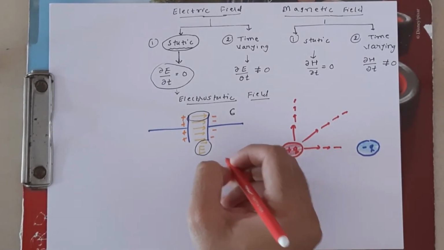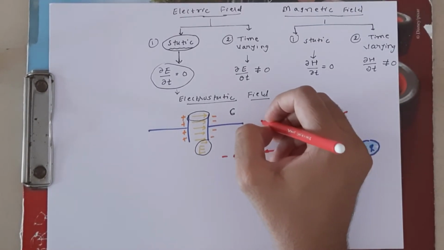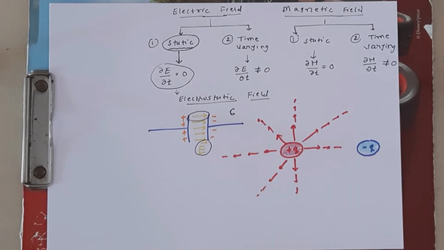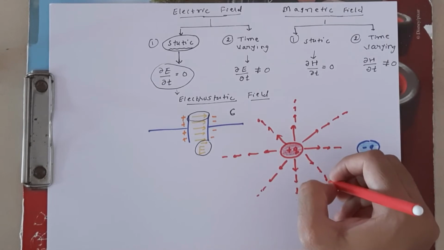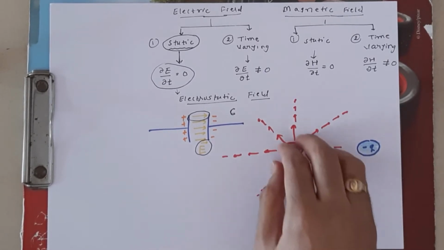From this figure we can say that the field intensity decreases as the distance increases. The field is generated in this way.